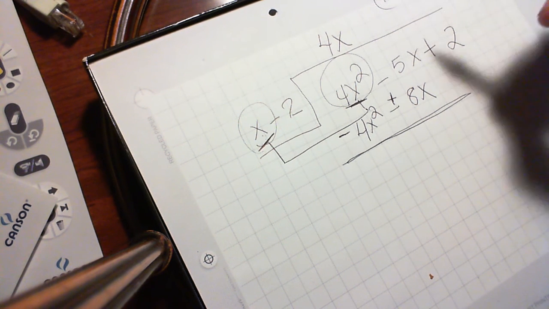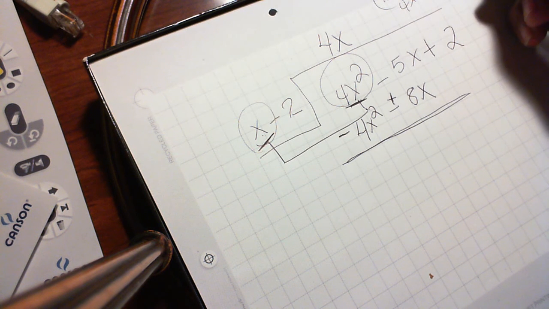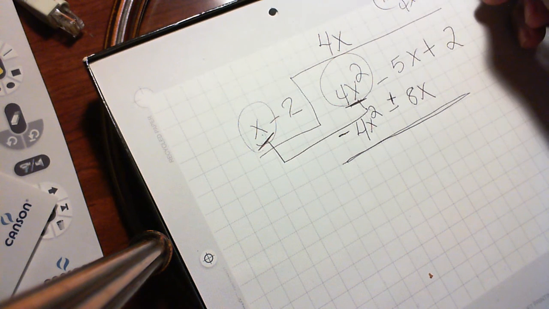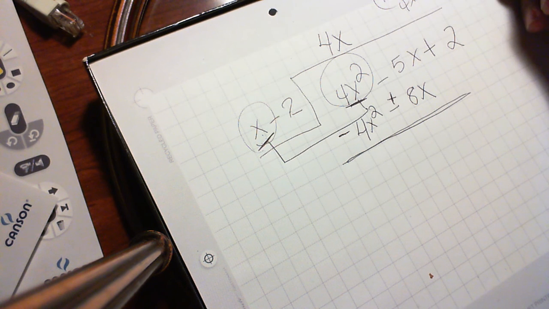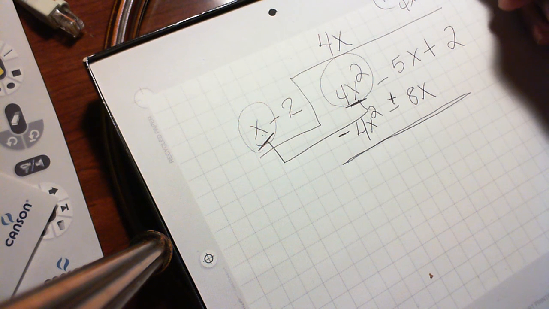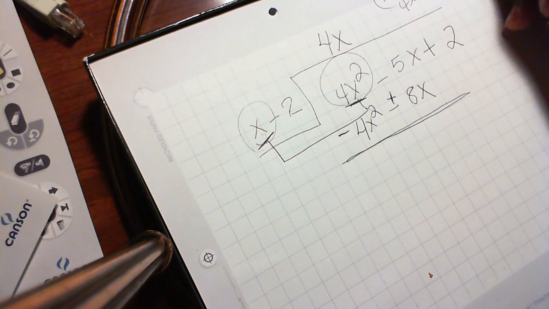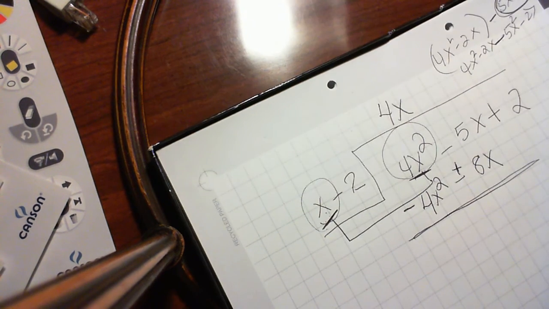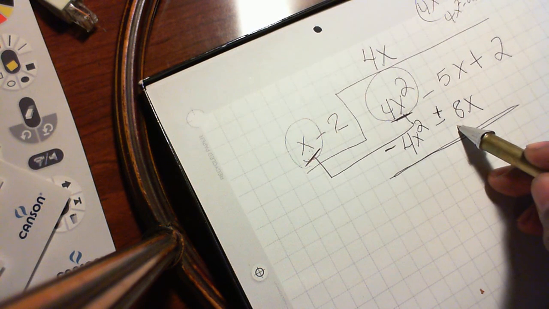What I can do, I can rewrite it by changing the sign here. So the 4x squared becomes negative 4x squared, and the 8x is going to be negative 8x. Right? What I'm really doing is changing the sign for everything here. Oh, you can't see that, sorry. Okay? So what I'm doing, changing the sign.